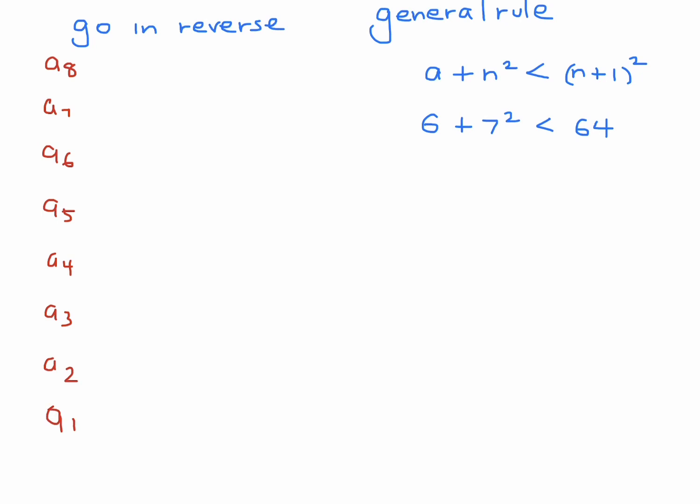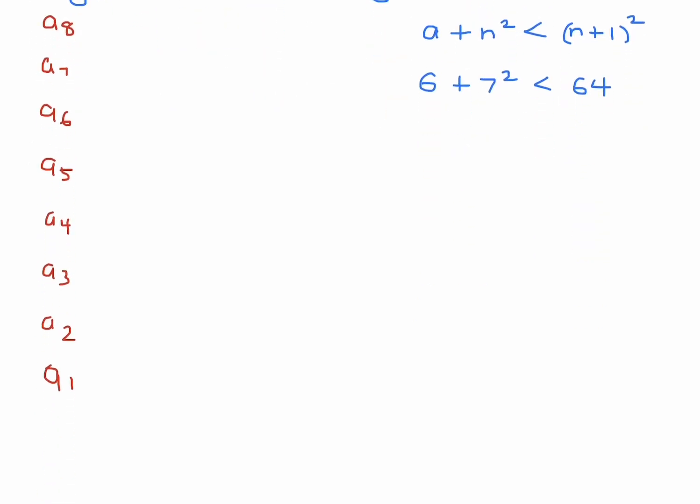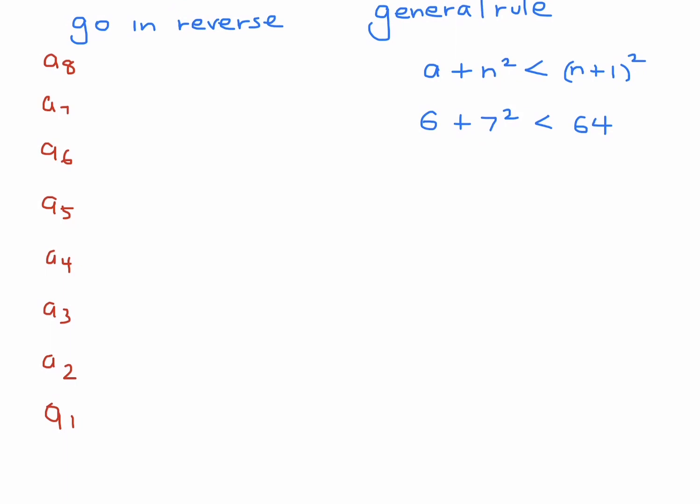And A1 is what I'm interested in. That is the number that is our n, I guess. So the only way we can do this without an enormous amount of guessing is to fully understand the general rule. So this is our general rule.